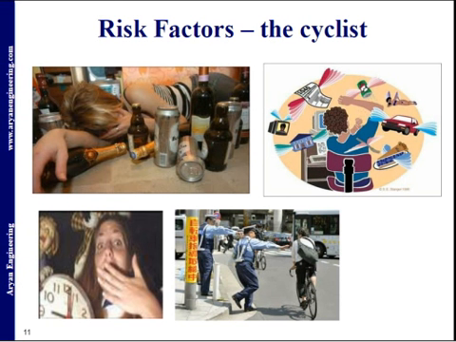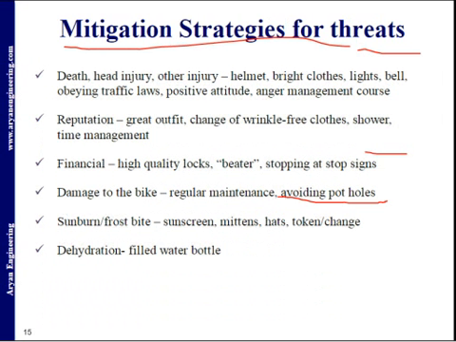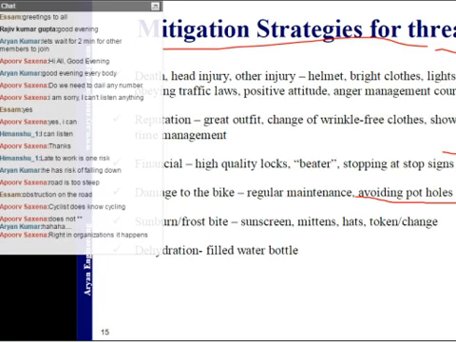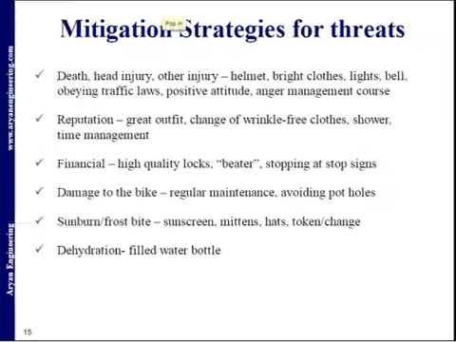So these are the financial mitigations. Damage to the bike: what are our mitigations? That is regular maintenance, avoiding potholes. For sunburn and frostbite, you can use sunscreen, mittens, hats, token, chains. So these are the mitigation for the sunburn.